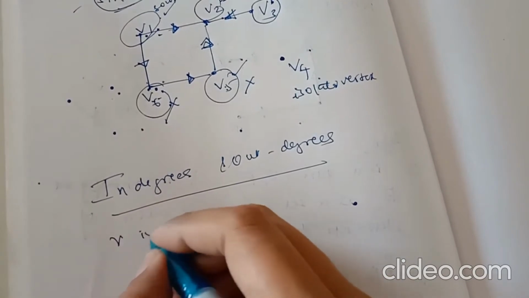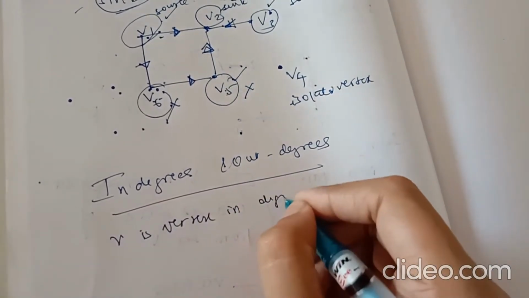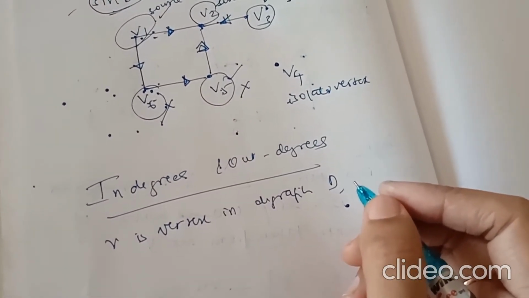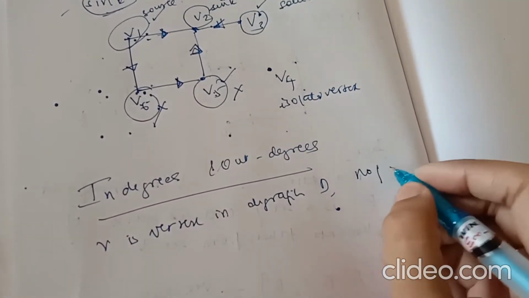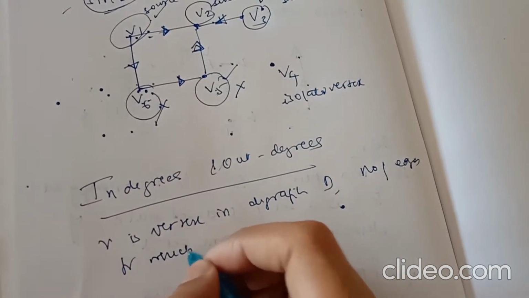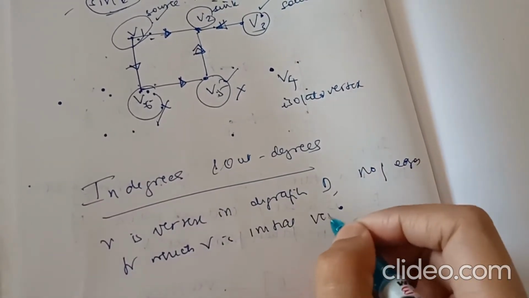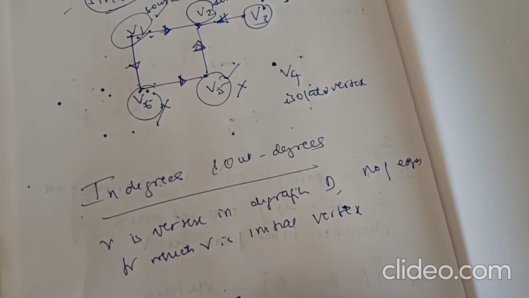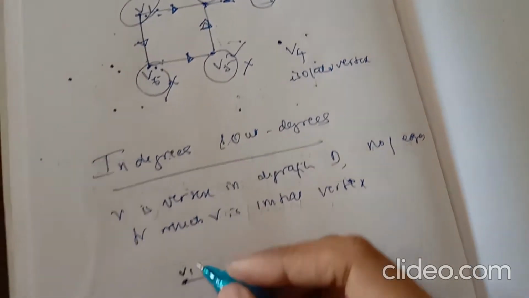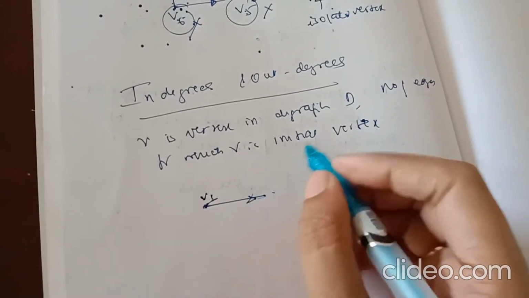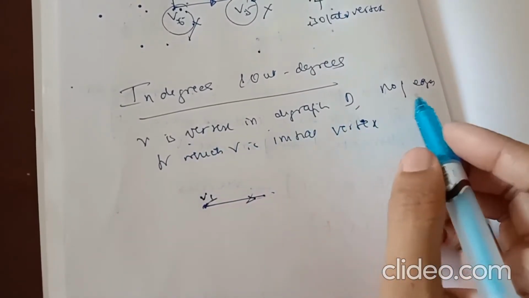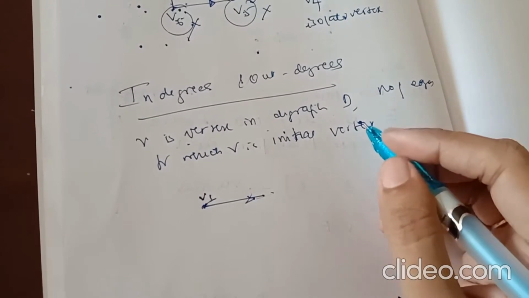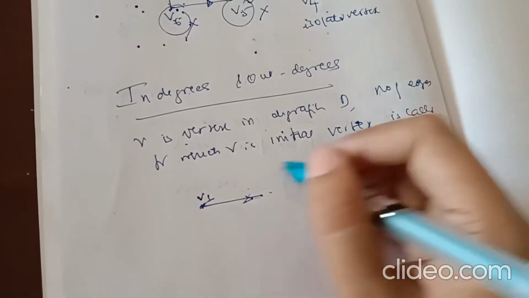Let's say V is a vertex in the digraph D. The number of edges for which V is the initial vertex, that means there is an edge starting from that vertex, so this vertex initiates the edge. That is called the out degree of V.